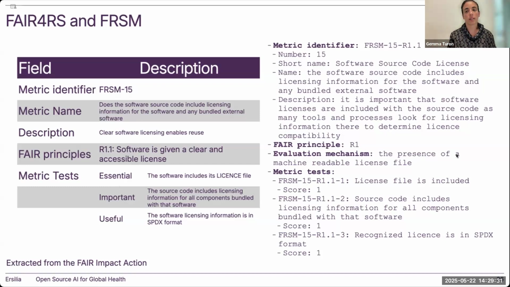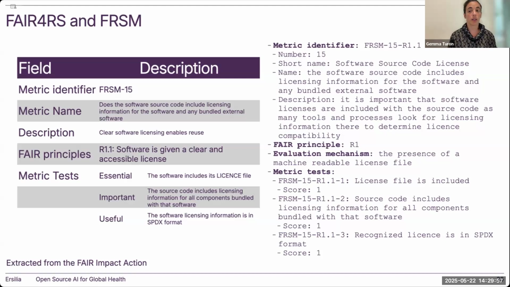So let's look at an example. In this case here, metric number 15, I picked this one because I think it's quite easy to follow. Software source code license. Obviously, does the source code include licensing information for the software and also for any other external software? And why is this relevant?